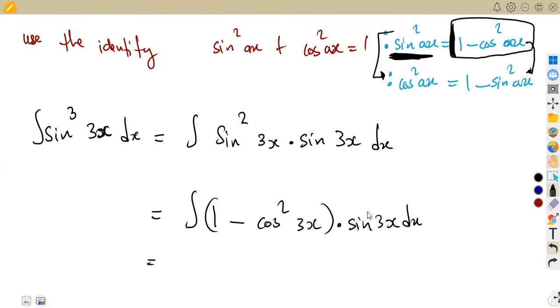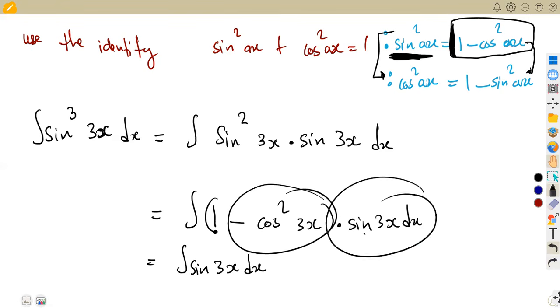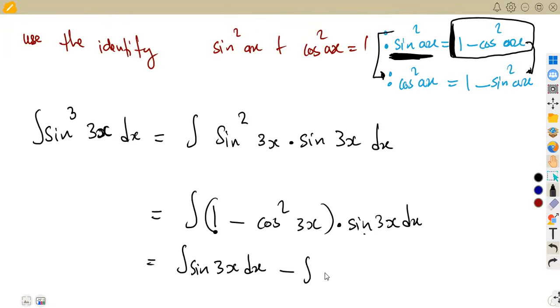If we multiply by this, separating each integral, we're going to have the integral of 1 times sine 3x, which is sine 3x with respect to x, minus the integral of cos squared 3x times sine 3x with respect to x. This is what you're supposed to have in actual sense.